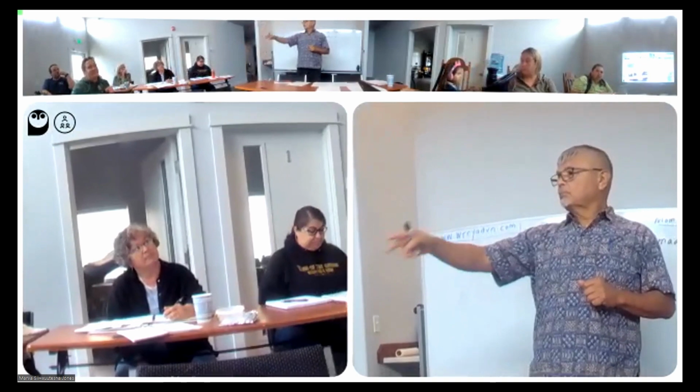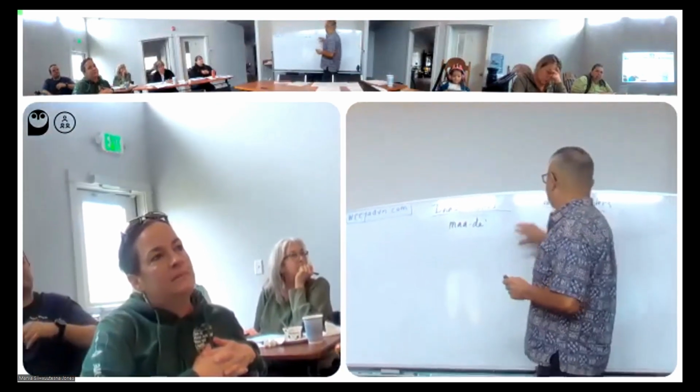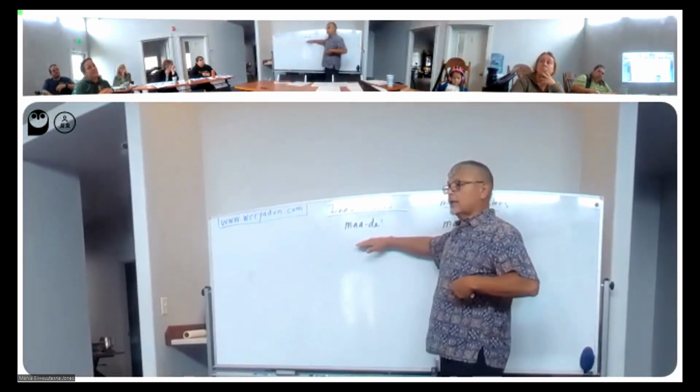So your mom's siblings and your dad's siblings. Let me think this through. My mom was Eunice, so her siblings are on this side.